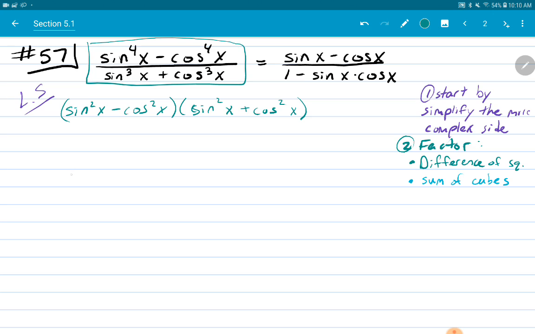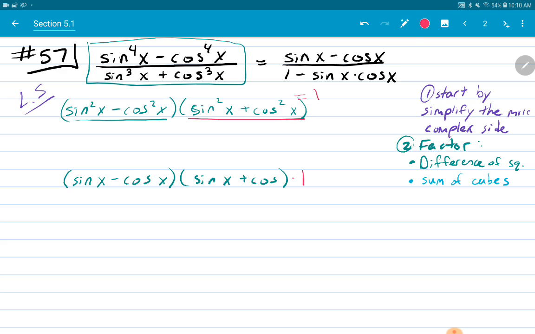And I can even take that a step further. I'll leave some space for the denominator. Sine squared x minus cosine squared x is still a difference of two squares, so I can do sine of x minus cosine of x and sine of x plus cosine of x. And this guy is just equal to 1.